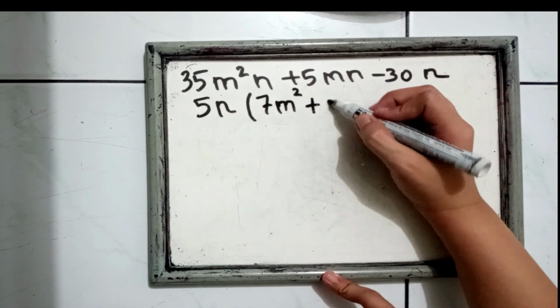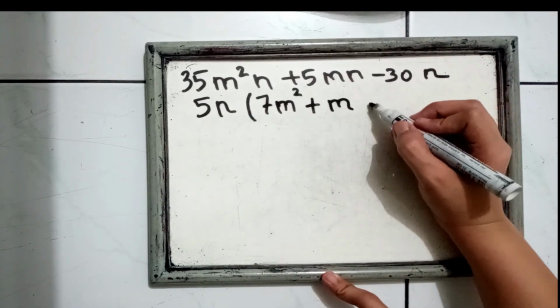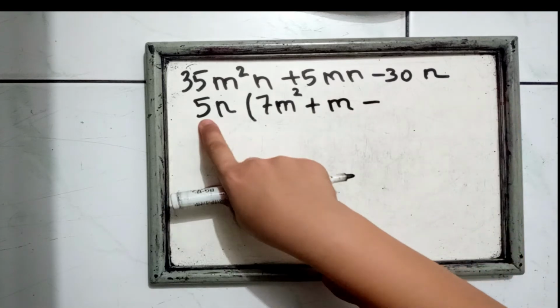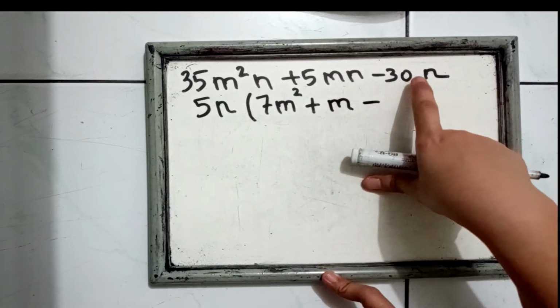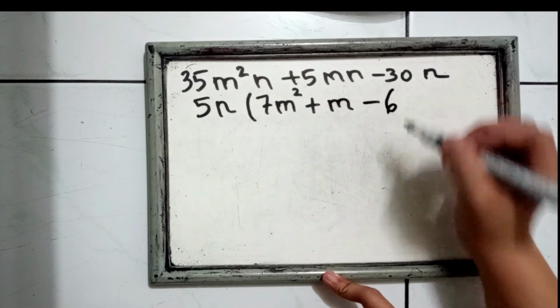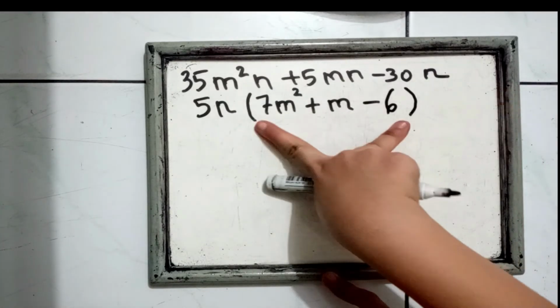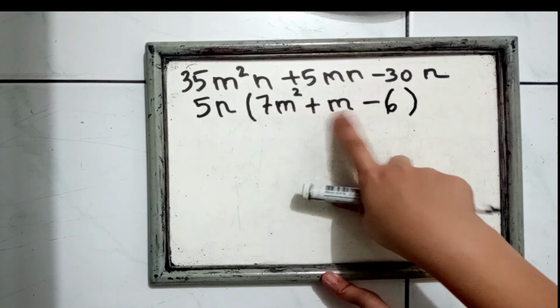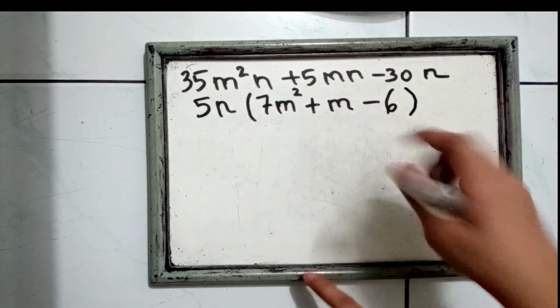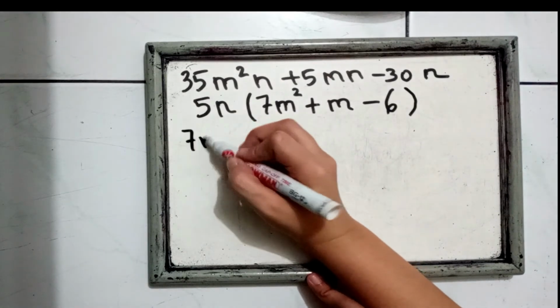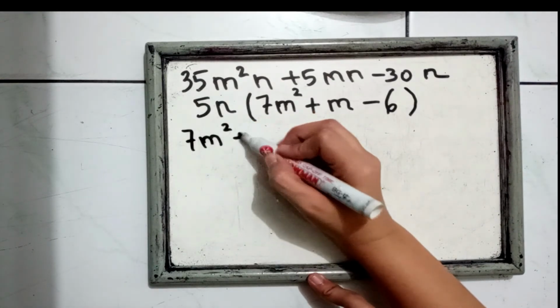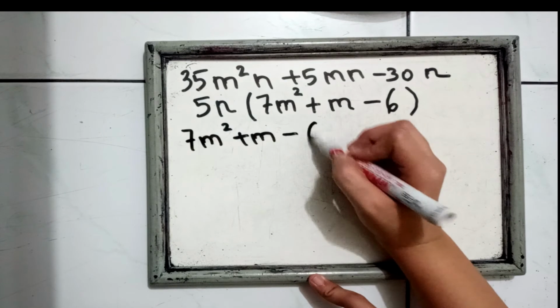So plus m, minus 5 times how many becomes negative 30? Times negative 6. And then you already have the n here, yeah? Okay, so we'll factorize this 7m squared plus m minus 6. Yep, so 7m squared plus m minus 6.